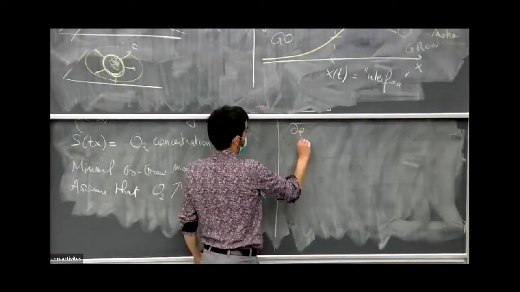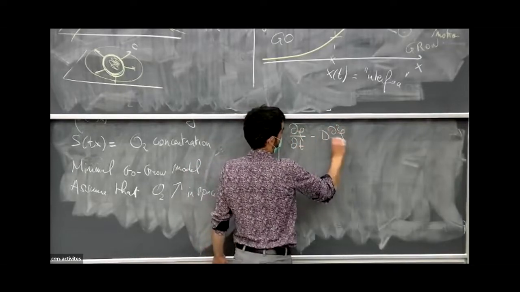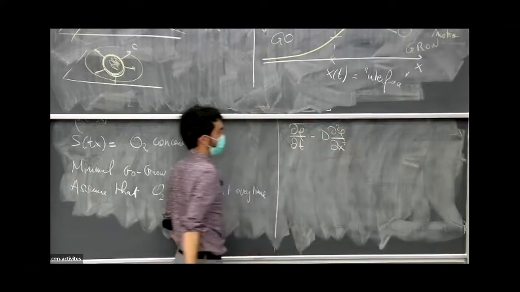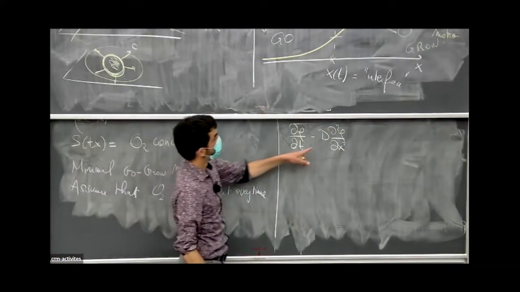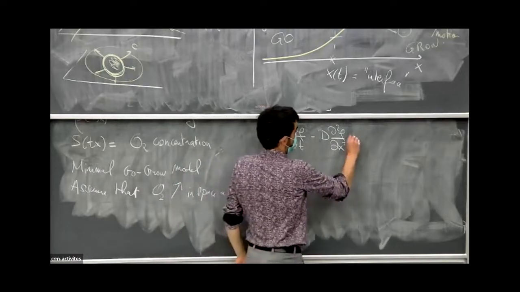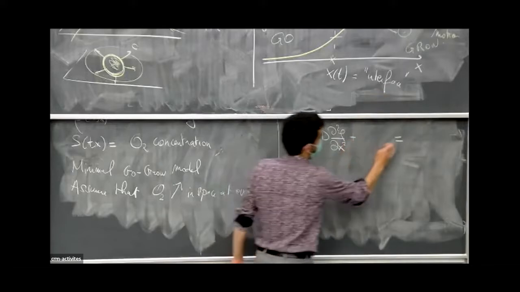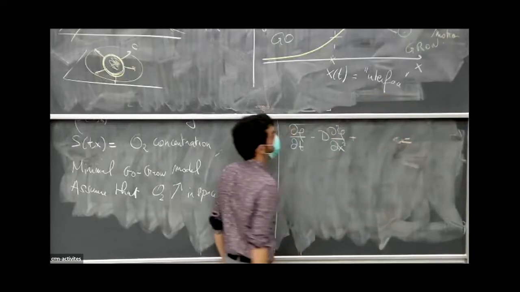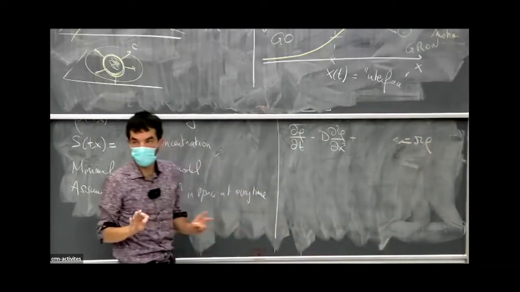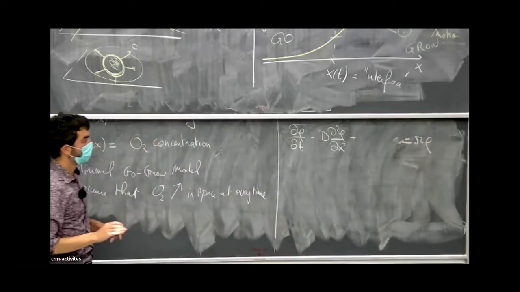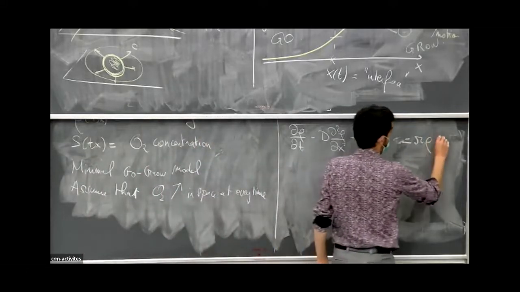And so I will have a random motion without bias, so just a diffusion equation. And then I will have two terms. One is growth. So growth is simply, in our model, just a linear growth without competition, but limited by oxygen.